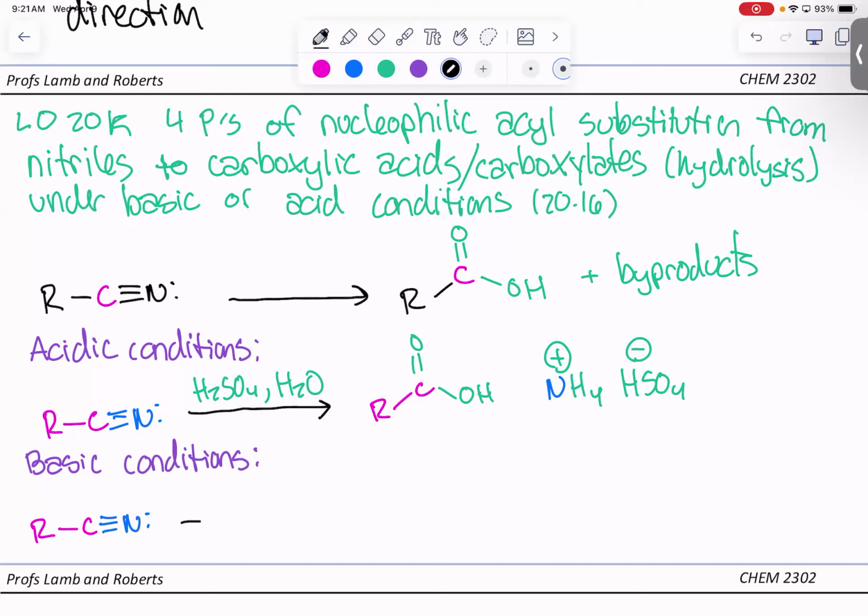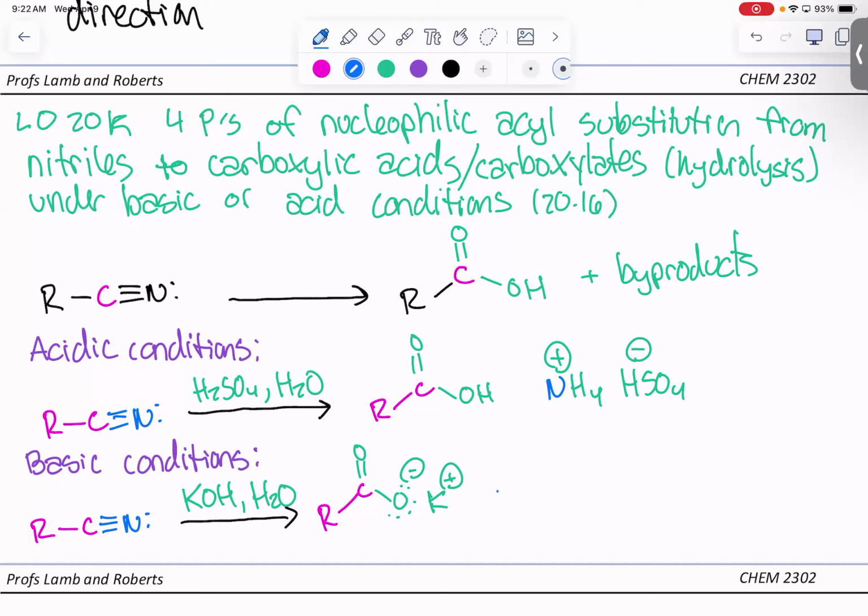We're still going to end up with a product that incorporates our 2 oxygens, but because we're under basic conditions, we know that we're going to get a carboxylate out, a negatively charged species, because we know the pKa of a carboxylic acid is such that it's very easy to deprotonate. In this case, we're going to use KOH, potassium hydroxide with a potassium counterion, with a little bit of water. If you wanted to use sodium hydroxide, that's totally fine. You just need to have a strong base.